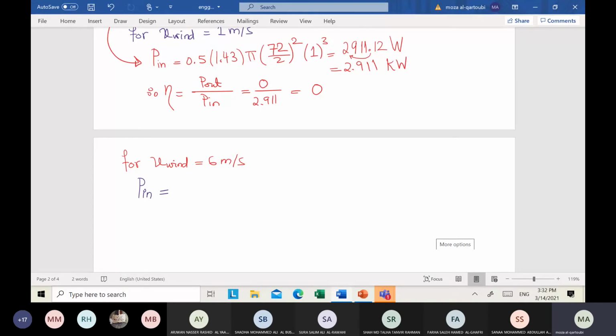We'll apply the rule again. It will be 0.5 times rho, where rho is 1.43, times area, and area equals pi times d over 2 squared, I mean r squared. So 72 over 2 squared, times velocity cubed, so 6 cubed.